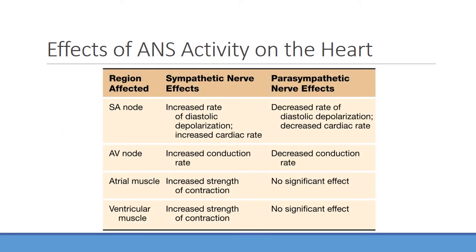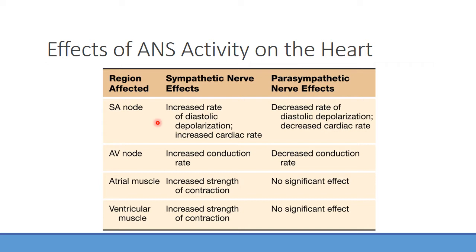So looking at the effects of the parasympathetic and sympathetic nervous system on the heart, we're going to see several different tissue areas. I'll show sympathetic effects here, parasympathetic nerve endings here, and what that does. So we mentioned the SA node and the AV node, and the sympathetic nerves should be doing what to the heart? Increasing rate, usually by changing the resting membrane potential.